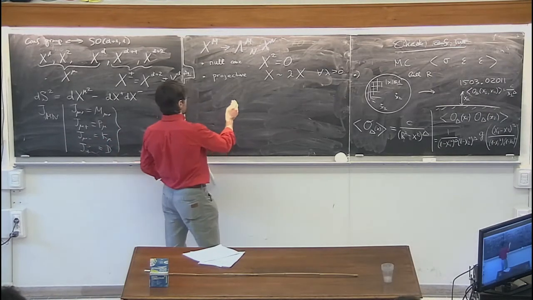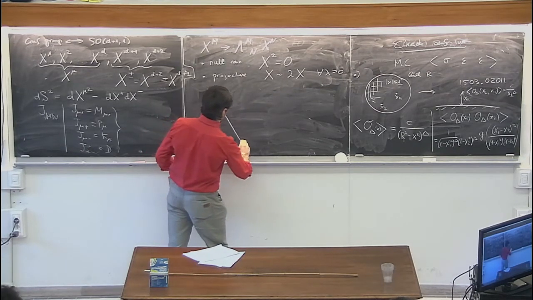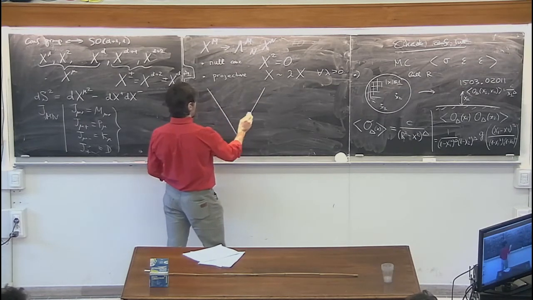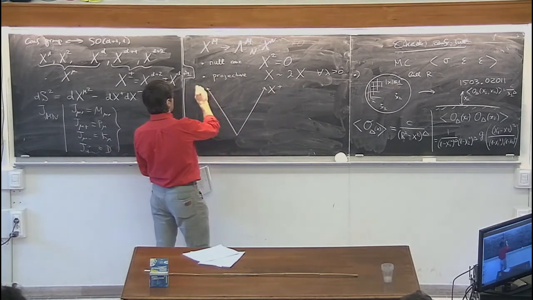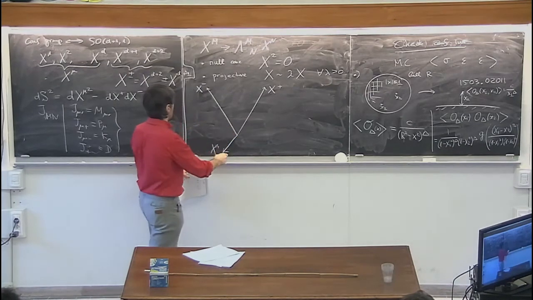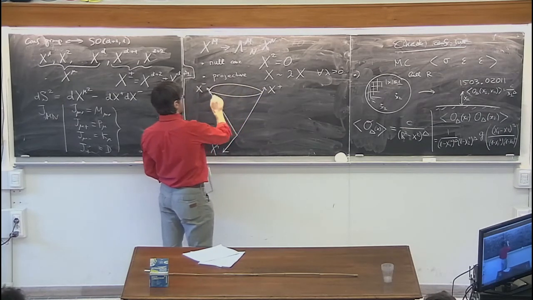So let me draw a picture. So this looks like this. I have this x plus, this x minus, I have here x mu. So this is my cone.